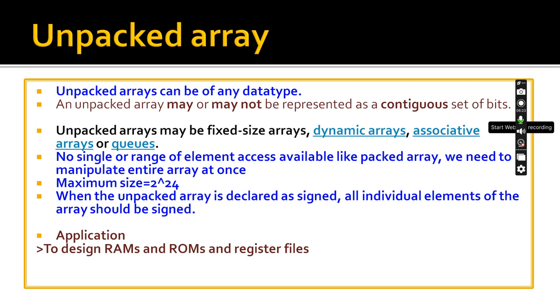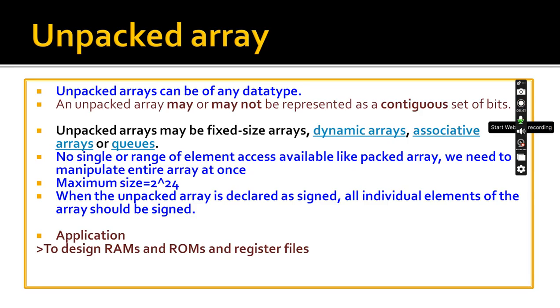Before going to mixed multidimensional array, let us make a comparison of packed and unpacked array. In a packed array, we need to declare the dimension before the array name, and in an unpacked array, we declare the dimension after the array name.